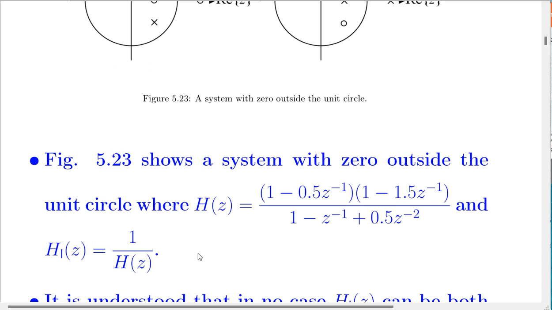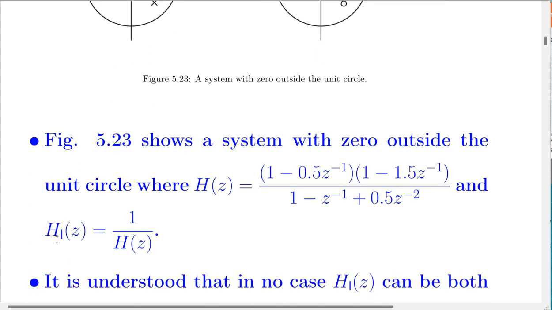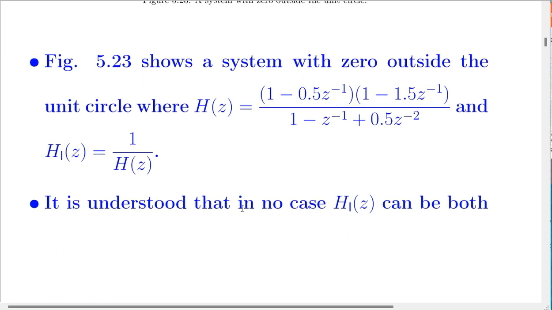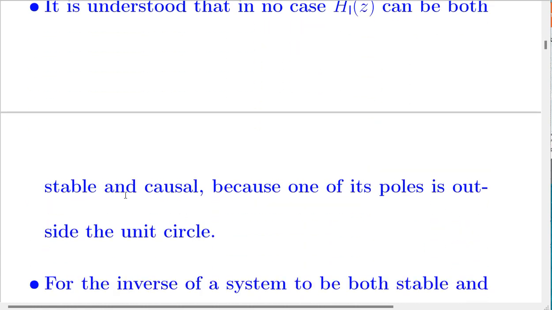Okay? And we have h inverse of z being equal to 1 over h of z. It is understood that in no case h inverse of z can be both stable and causal because one of its poles is outside the unit circle.